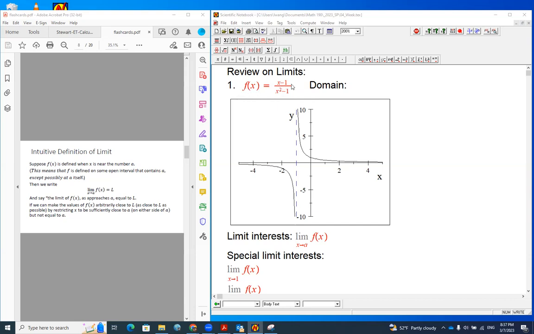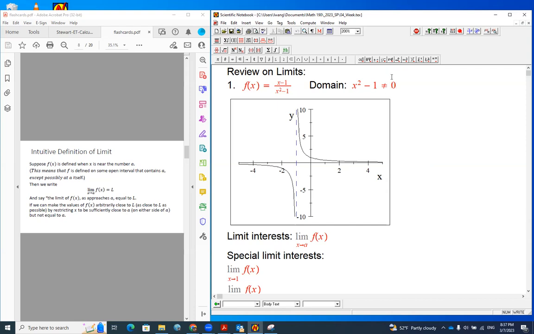f of x equals x minus 1 over x squared minus 1. Immediately, we will be thinking of its domain, right? What will be the domain? Of course, x squared minus 1 cannot be 0.